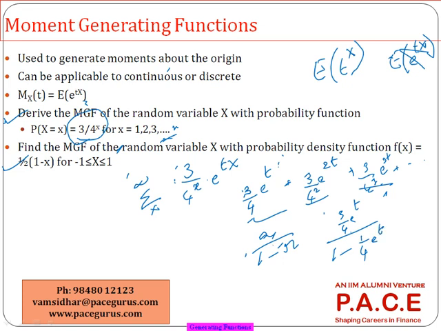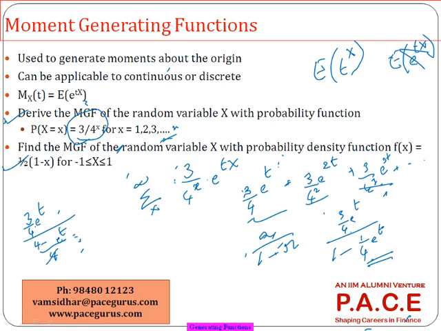So on simplification, no, this is not 1. This is 1 by 4 e power t. So it doesn't become 3 by 4 e power t, right? So probably I am writing it as 3 by 4 e power t divided by 1 minus e power t by 4.